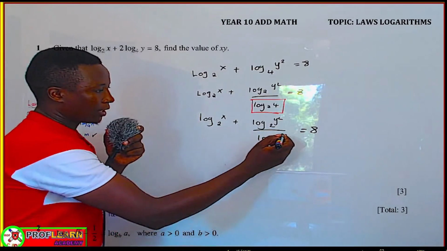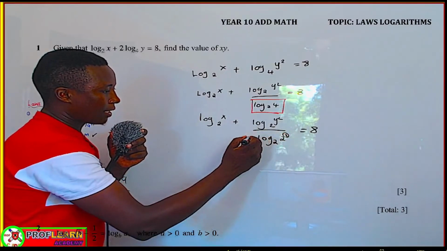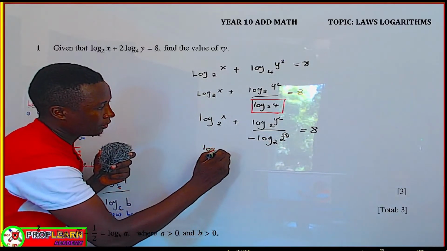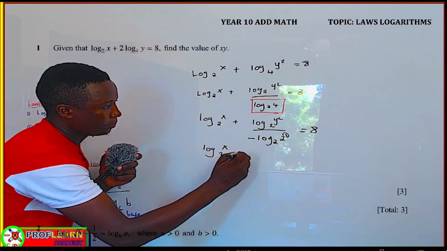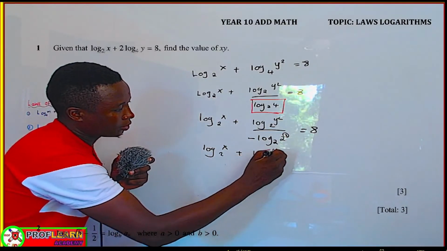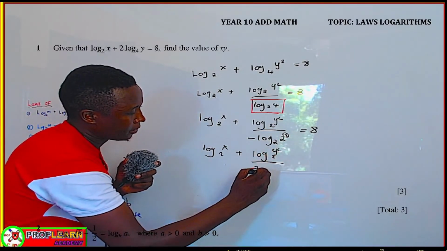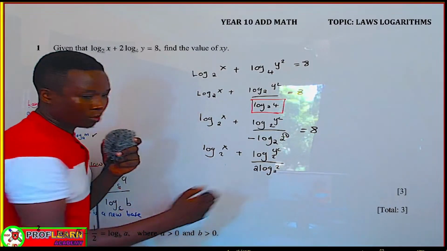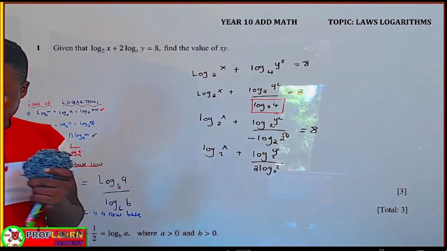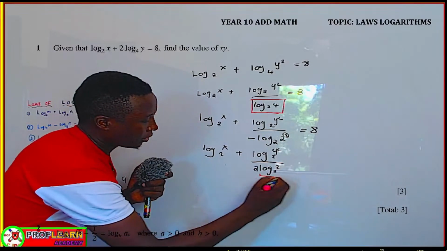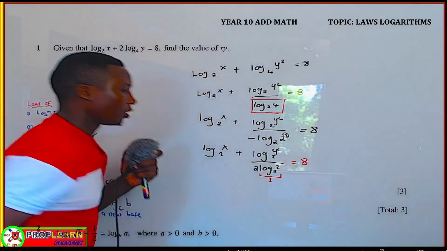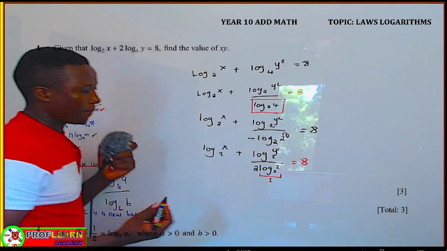Now we can take this number that we have behind the log here, and this is going to be log x base 2 plus log y squared base 2 divided by 2 log 2 base 2. But we know anytime you have log 2 base 2, this is equivalent to 1, and then this is equal to 8.